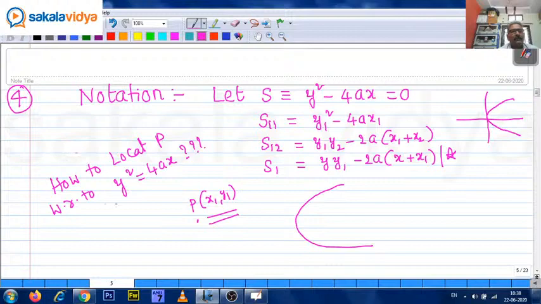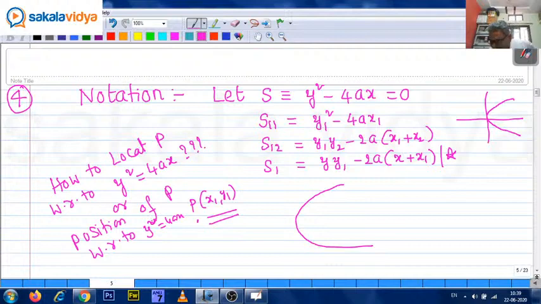Or we can say, the position of P with respect to the parabola y square is equal to 4ax. S22 is y2 square minus 4ax2.